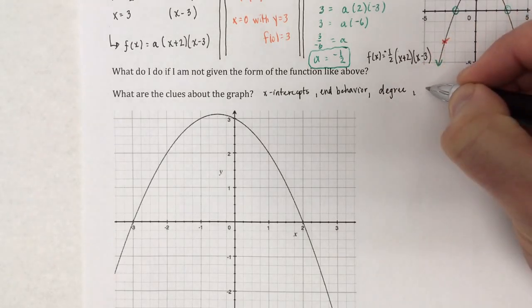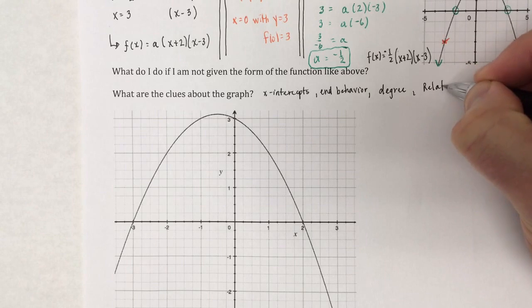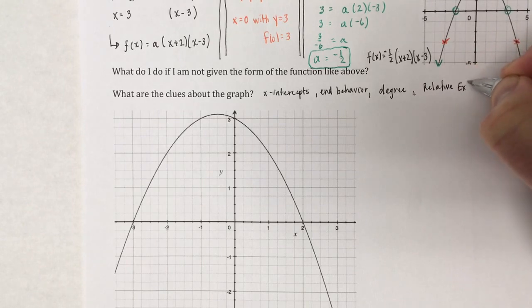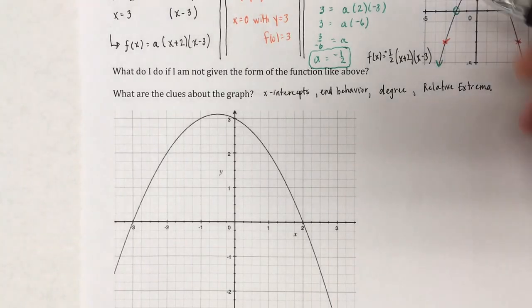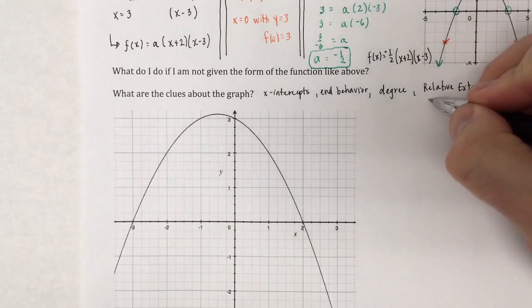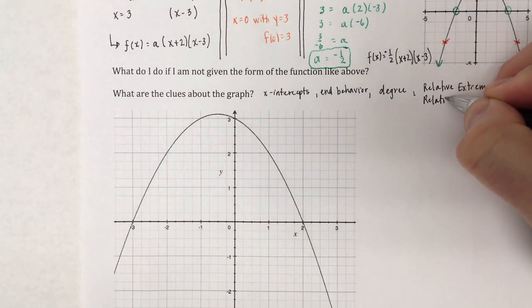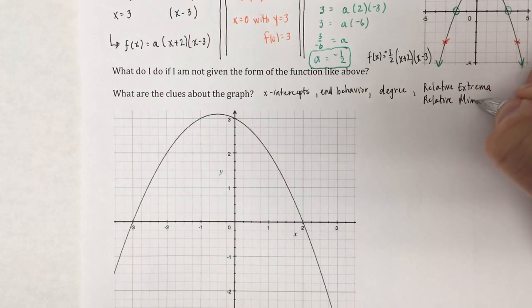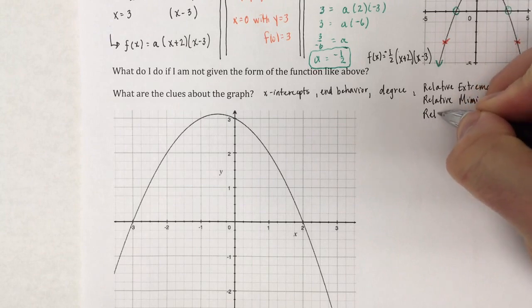We talked about the relationship between the relative extrema and the information it provides about the degree. And so what I mean by relative extrema are relative minimum and relative maximum.